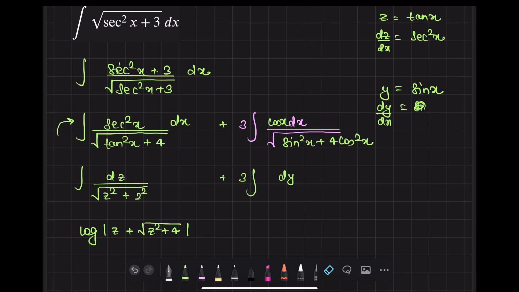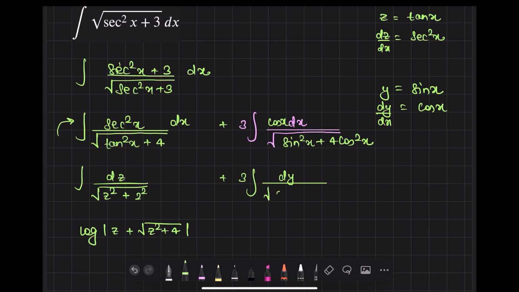So dx cos x will become dy, and look at this, you can write cos square as 1 minus sine square x. So 1 minus sine square x will become 4 times, and then you have subtracted 1, so it is 3 times.